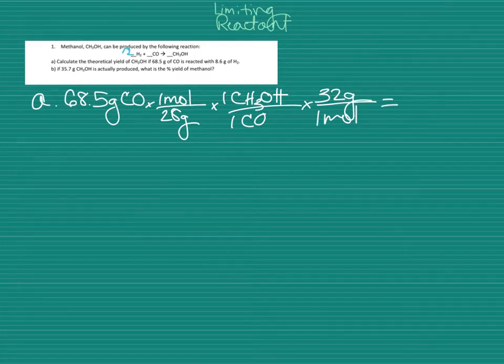And then if you do that math, 68.5 times 32 divided by 28, multiply across the top, divide by the bottom. So then you end up with 78.29 grams of methanol.